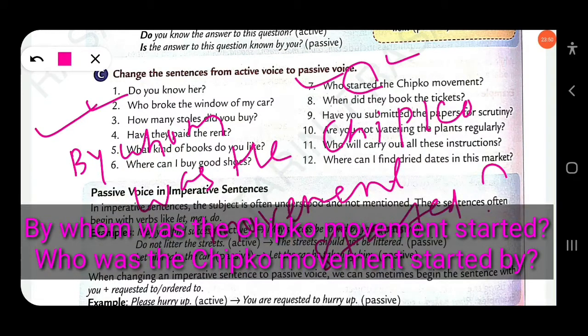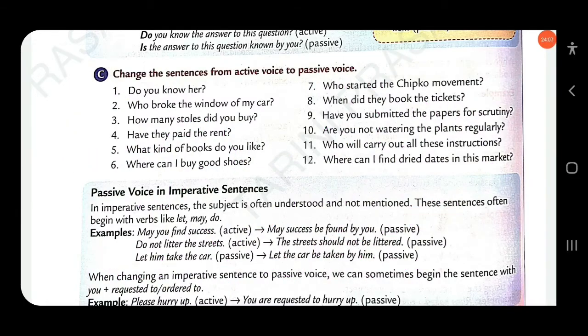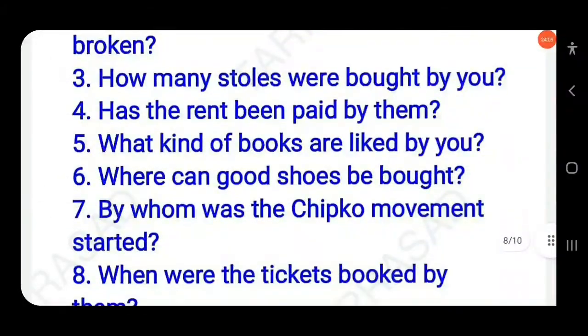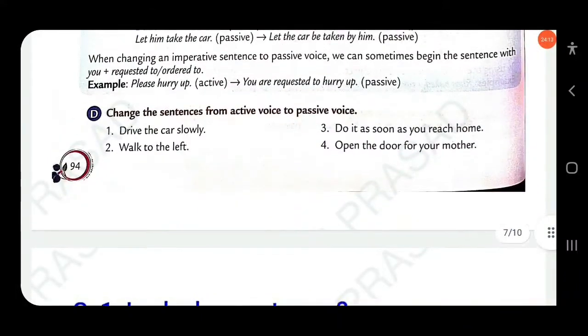In another way you can also write who was the Chipko movement started by. Clear? By whom was the Chipko movement started, or who was the Chipko movement started by.